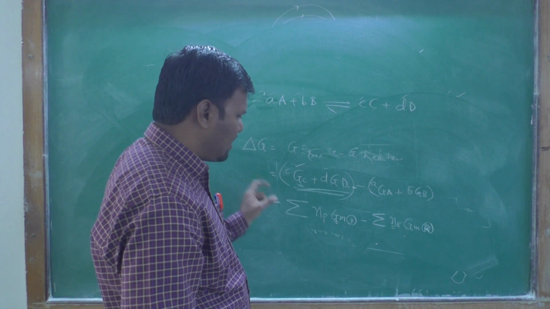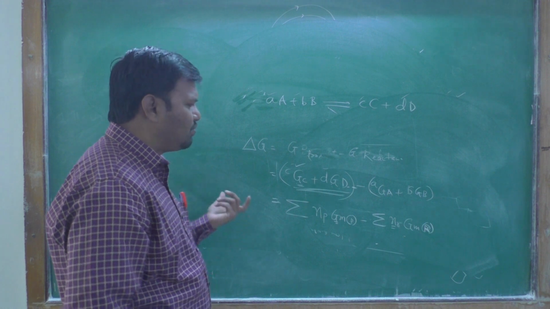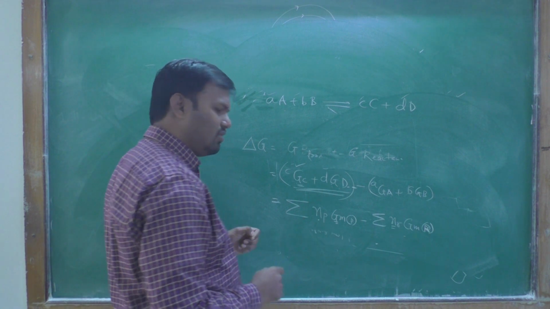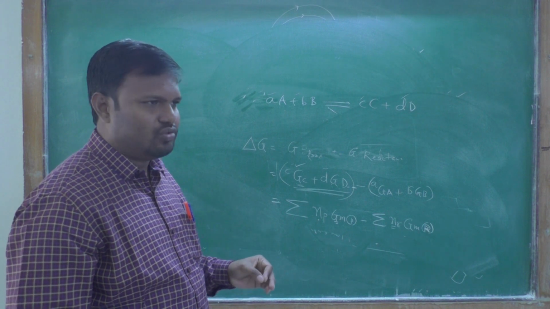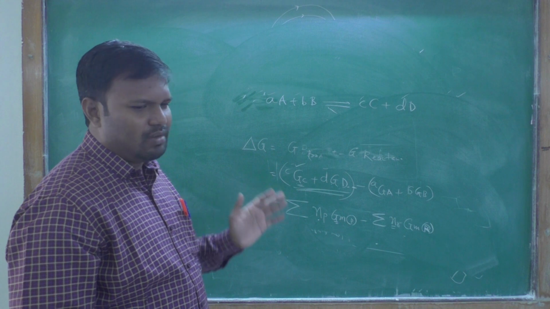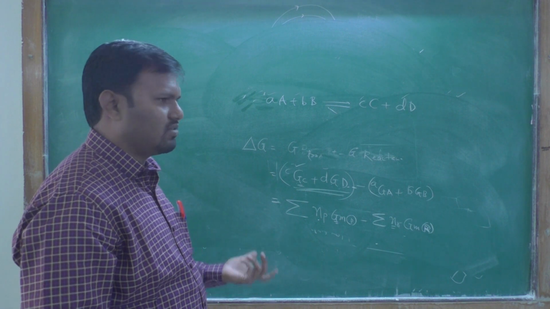What is the meaning of standard Gibbs free energy? Standard means at the standard situation. Standard situation means the pressure is 1 bar and the temperature is 298 Kelvin.